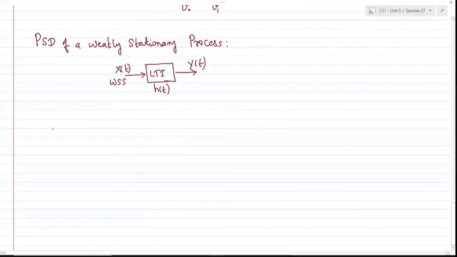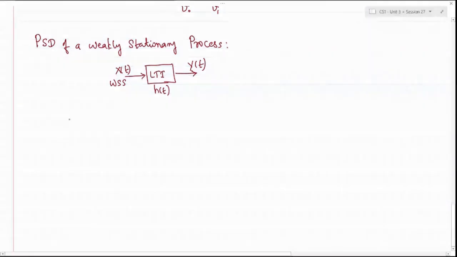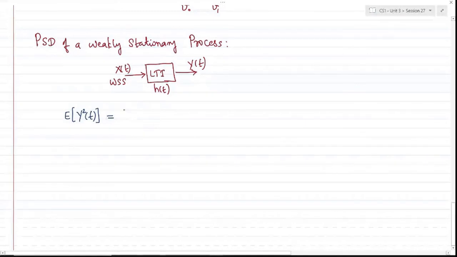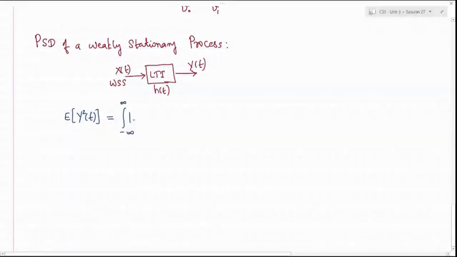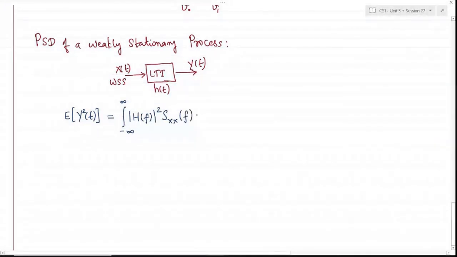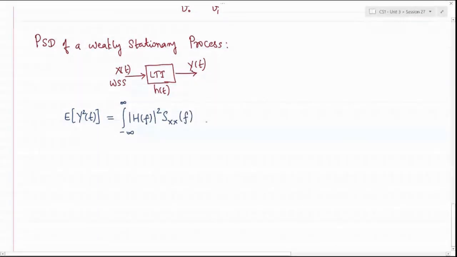because it's done already. We know that the relation between these two is the expectation of y square of t, the mean square value of the output, which is related as the integral from minus infinity to infinity of the magnitude of H of f, the whole square, times the power spectral density of the input random process.